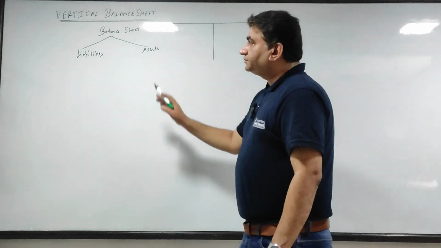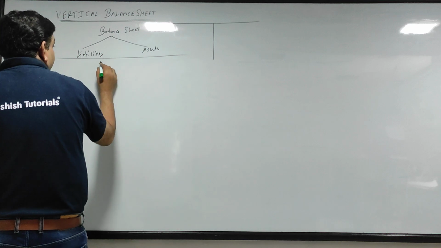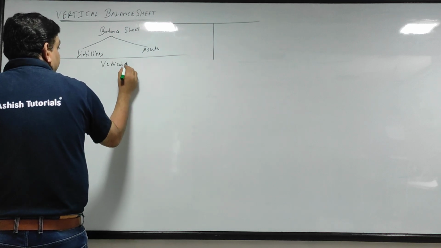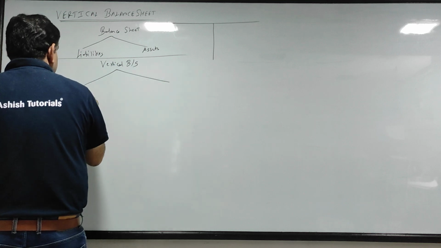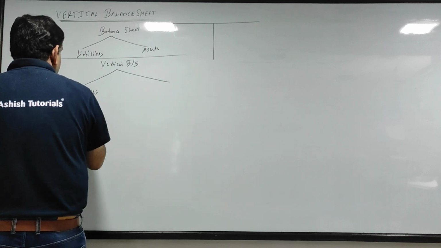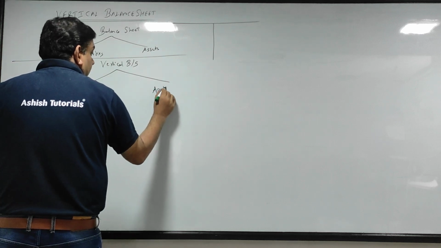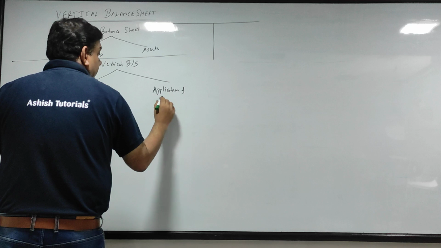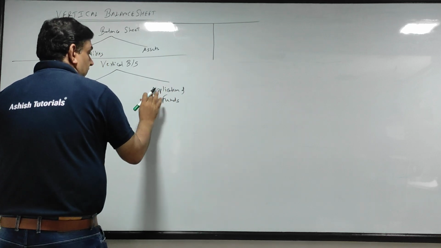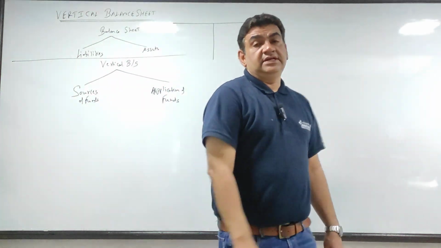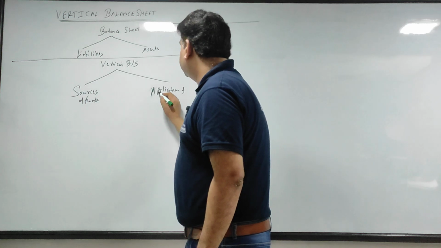As a normal balance sheet has liability and asset, the same way your vertical balance sheet has two parts: one is sources of funds and the other is application of funds.